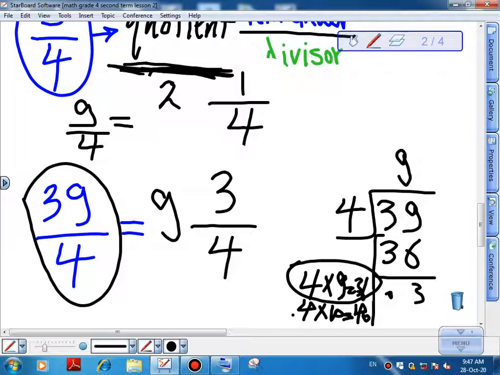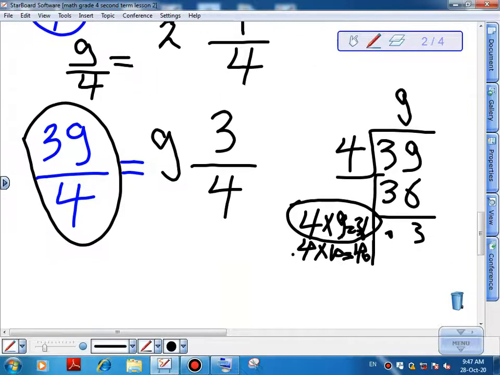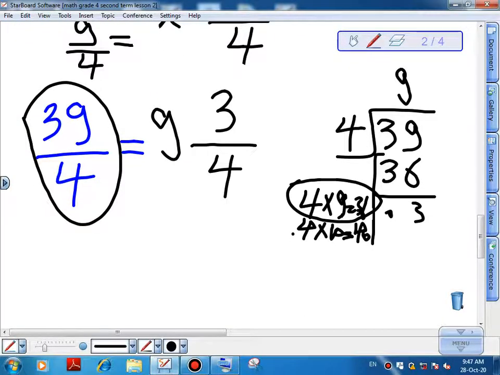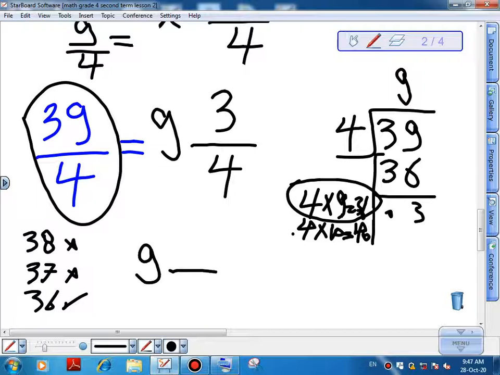9 and 3/4. Another method, the simplest way: 39 is not divisible by 4, so we search for the nearest number divisible by 4. 38 not divisible by 4, 37 not divisible by 4, 36 is divisible by 4. 36 divided by 4 equals 9, we put 9 in the whole number.